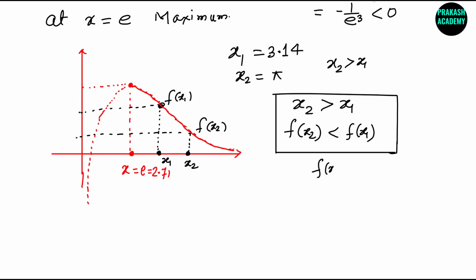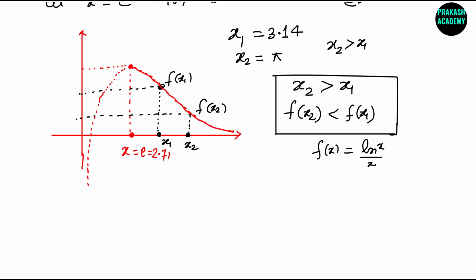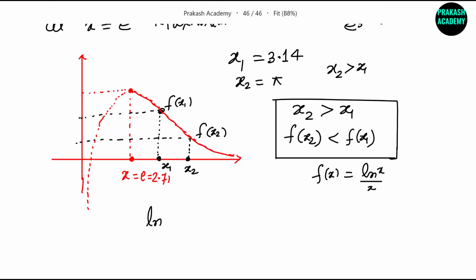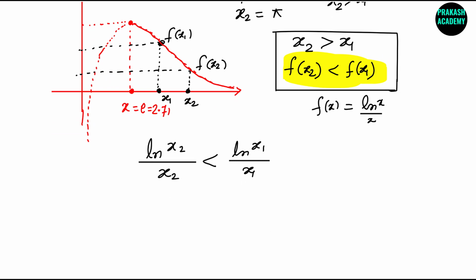Now what is the function? Function is simply f x is equals to ln x by x. So now I can use this result. So I can say ln x2 by x2 is less than ln x1 by x1. Now x2 is what? x2 is pi.